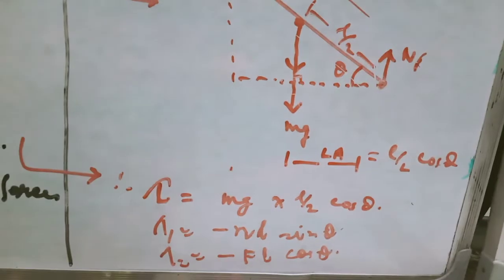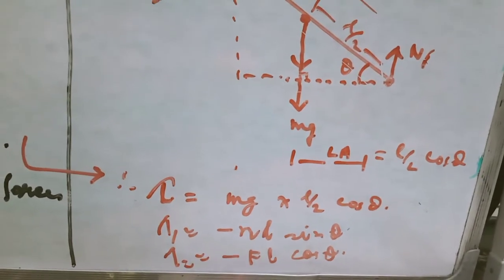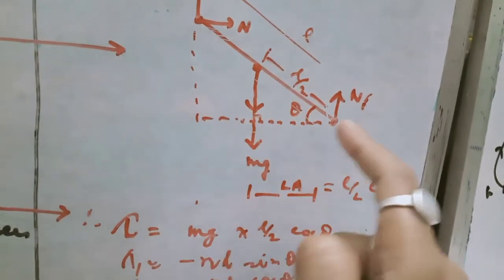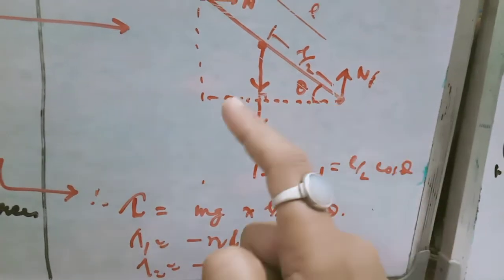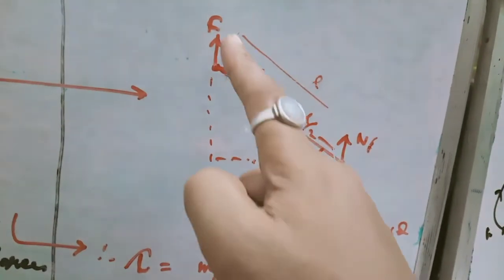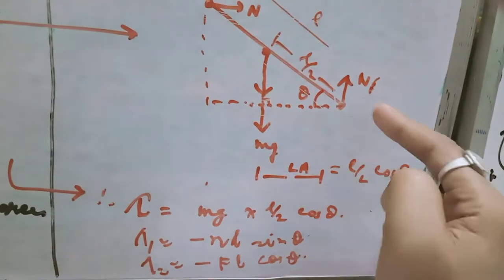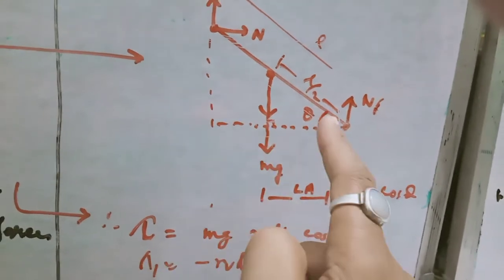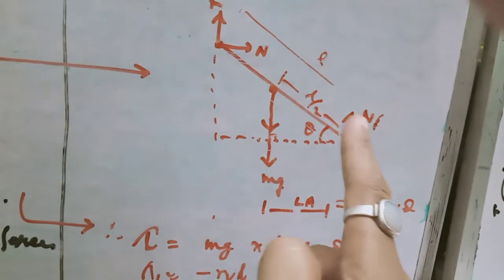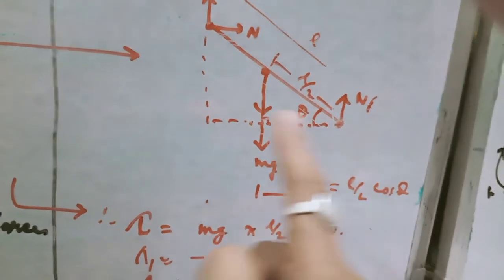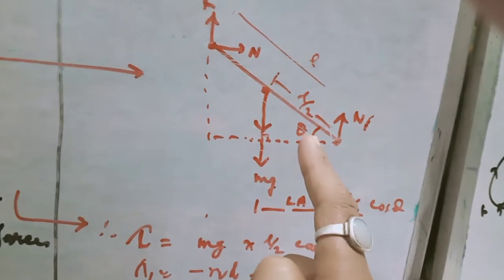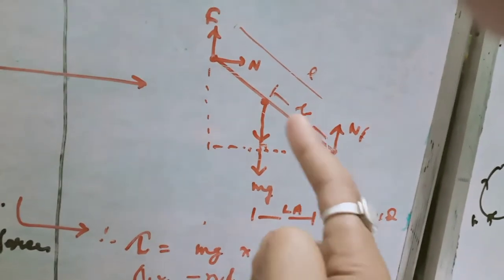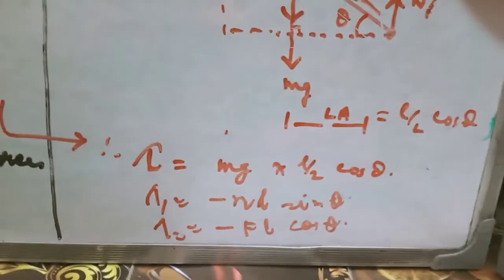For F, sorry, this will be cos theta. So it will be minus FL cos theta, because this line is L cos theta: this is the line of action of the force, this is the fixed point, and this distance is L cos theta. So the magnitude of the torque is FL cos theta, and the direction is clockwise, so it will be negative.